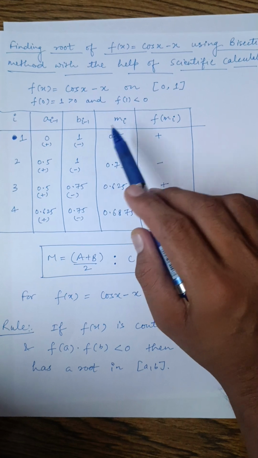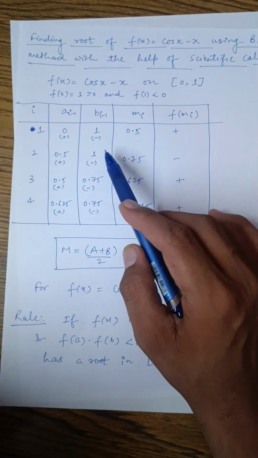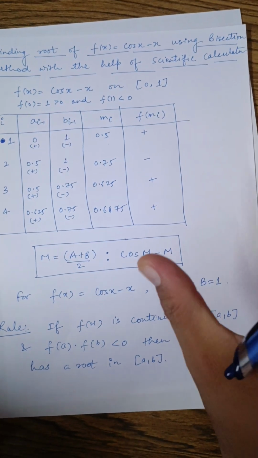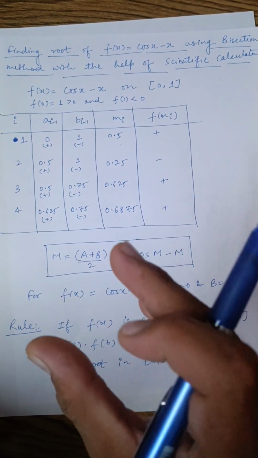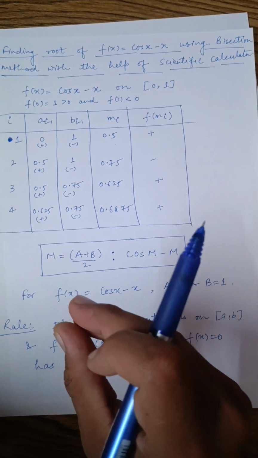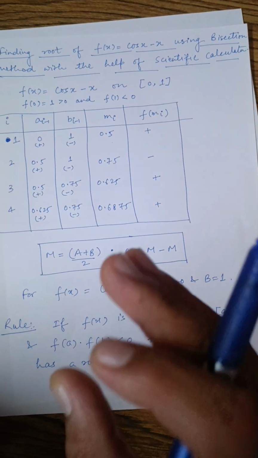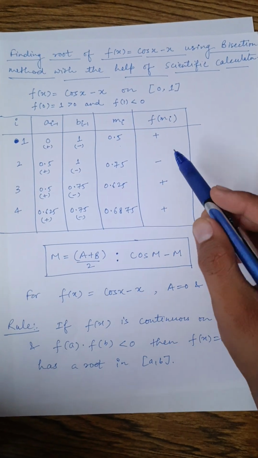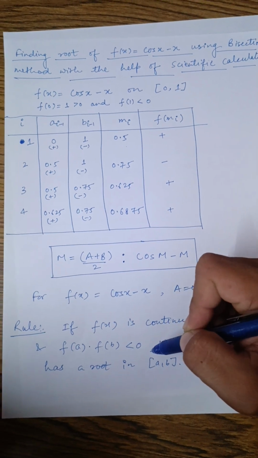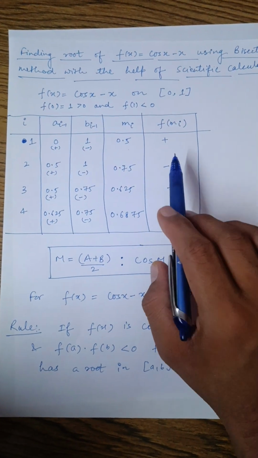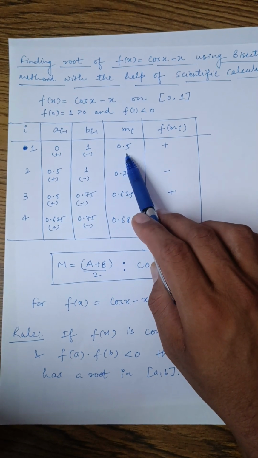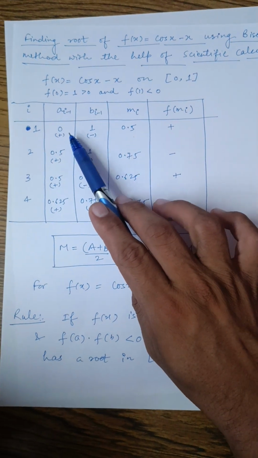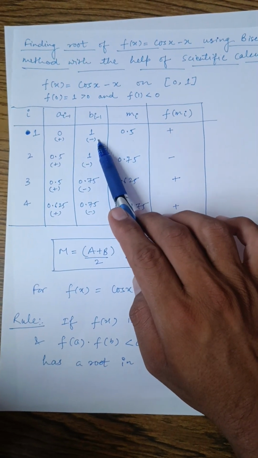So for the next iteration we have to select the interval again, because in the bisection method our aim is to bisect the interval again and again to minimize the length of the interval, making sure that the root lies in the interval by checking the condition f(a) × f(b) is less than 0. So if at the midpoint 0.5 the value of the function is positive, and we have already checked that at 0 it is positive and at 1 the value of the function is negative.